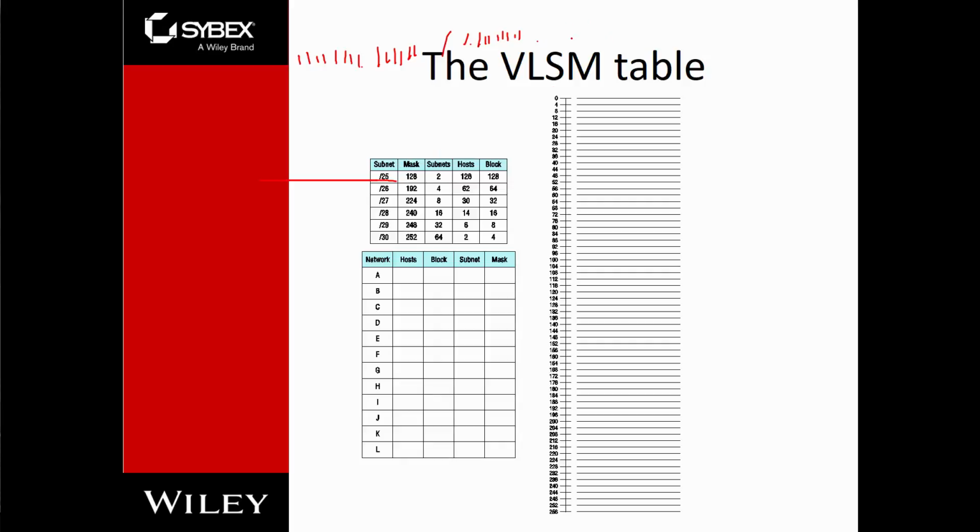For that /25, we start with 1 and keep doubling: 1, 2, 4, 8, 16, 32, 64, 128. You circle the 1 position, that's the 128 position. That means your mask will be 128, but your groups will be 128 also.